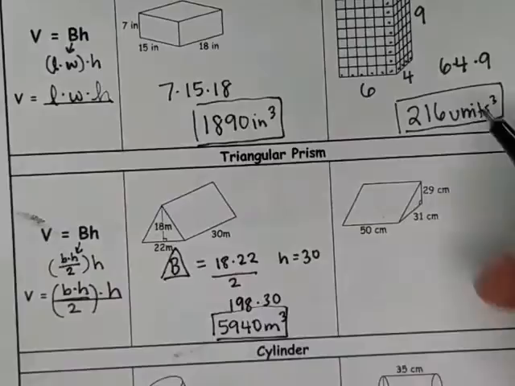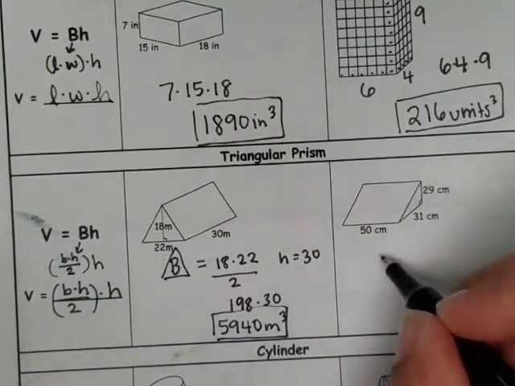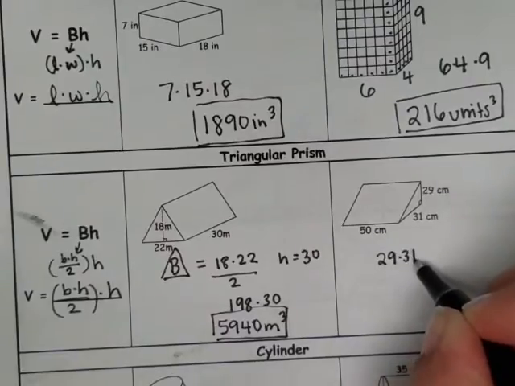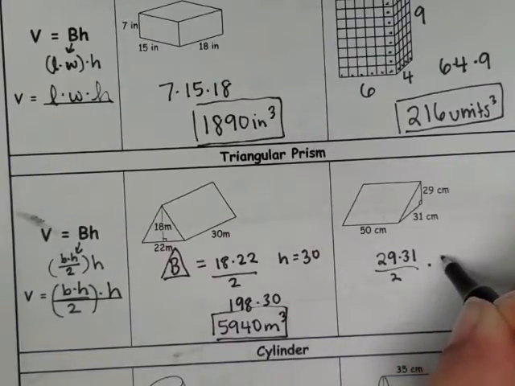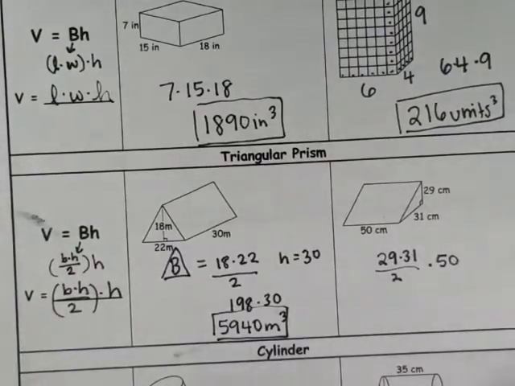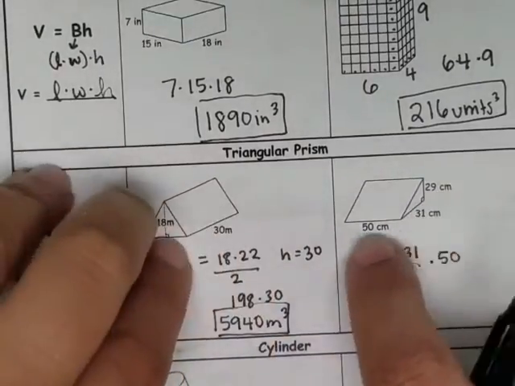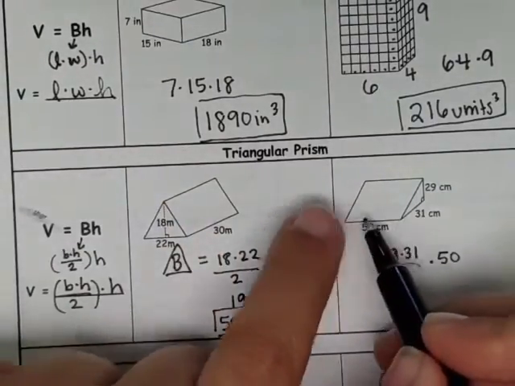All right, this triangular prism, this triangle, its base and height is 29 and 31. So 29 times 31 divided by 2, and then times the height of the prism, which is 50. I know that seems weird because you would think, oh wait, shouldn't 29 be the height of the prism? The height of the prism is when you connect your base to your other base.